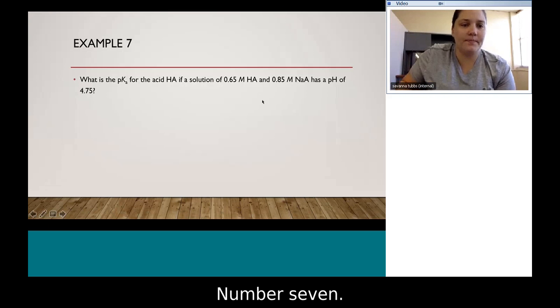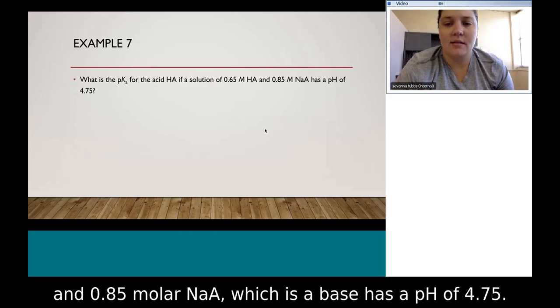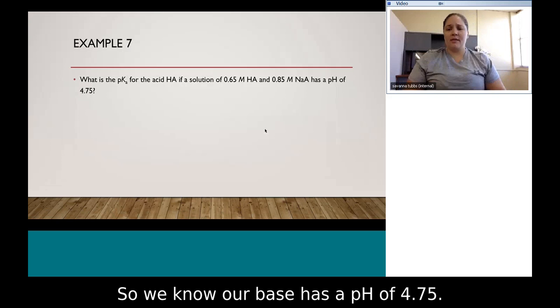Number 7. What is the pKa for the acid HA of a solution of 0.65 molar HA and 0.85 molar NaA, which is a base, has a pH of 4.75. So we know our solution has a pH of 4.75.